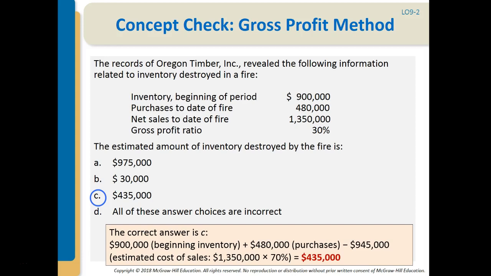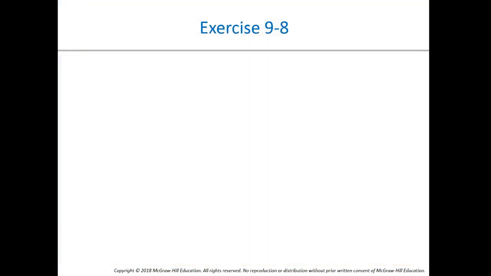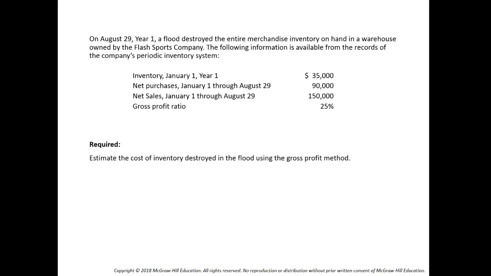So if we take the 900 plus the 480 minus our 945 cost of goods estimated to be sold, we would end up with a difference of $435,000.